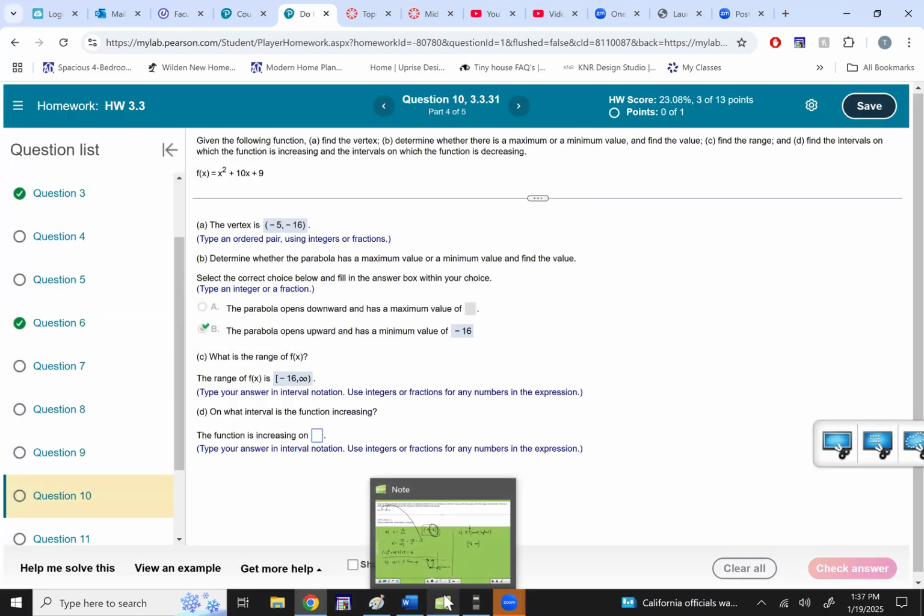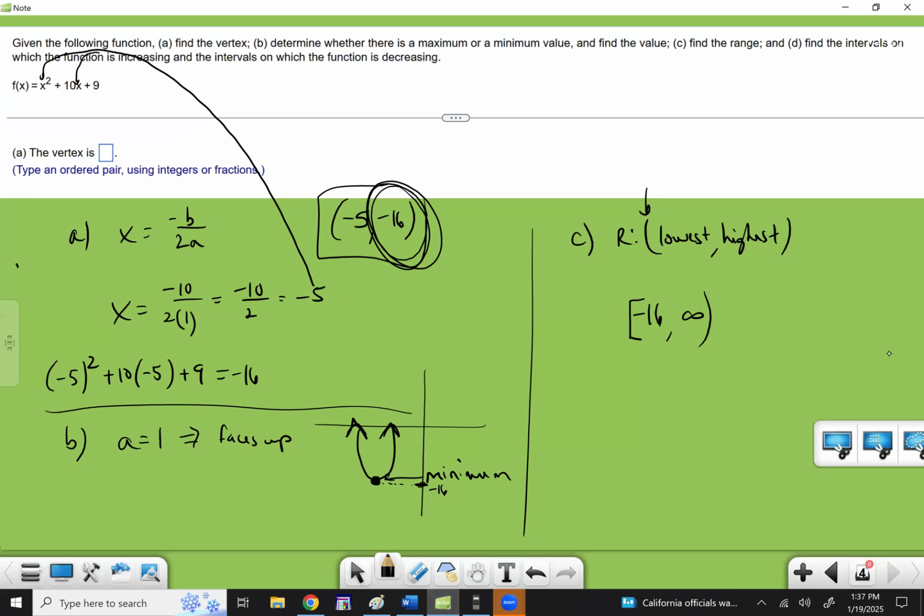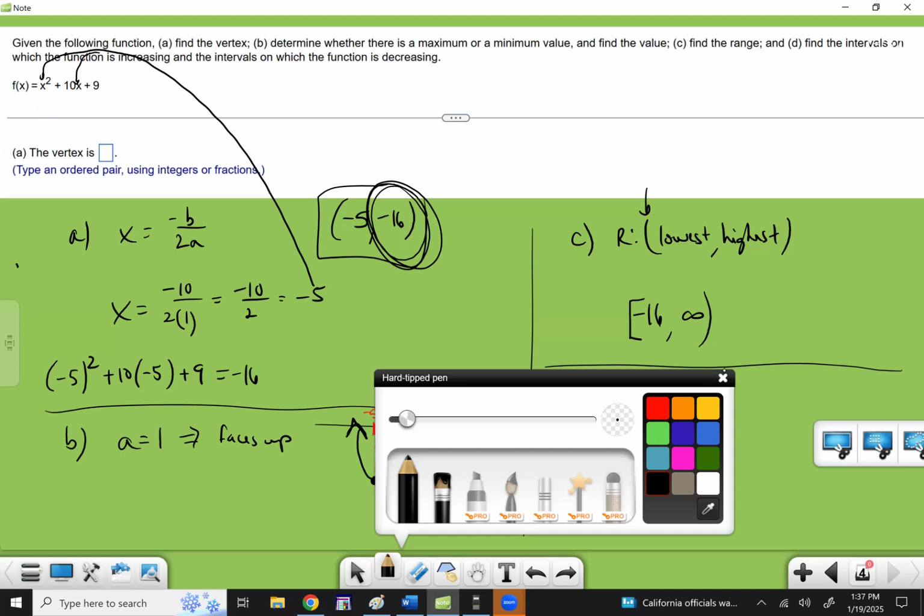The function is increasing on, blah, blah, blah. Okay. So we have a graph over here, and we know that the function is increasing on this interval in red. Remember that this spot right here on the x-axis is negative 5. Looking at our vertex, the x value is negative 5. So we're going to increase from negative 5, and it just keeps going.